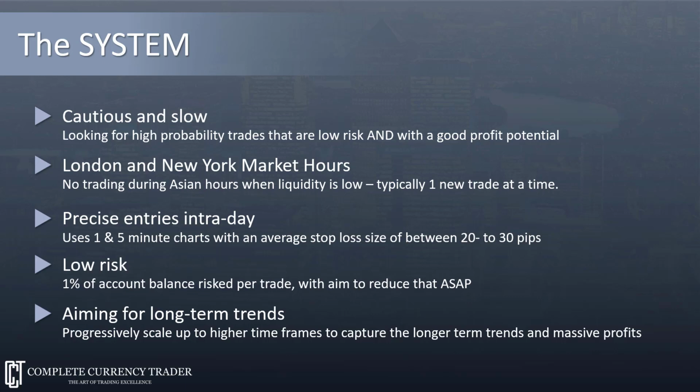And every time the new ATR distance improves on the previous one, we jump up to the next higher time frame. And eventually we could end up on the daily charts, maybe 500 pips in profit, trailing our stop loss 150 pips behind the price, despite the fact that we entered with only a 20 or 30 pip stop loss initially on a lower time frame. The idea is to enter highly targeted trades with tight stop losses and then follow the long-term trend.